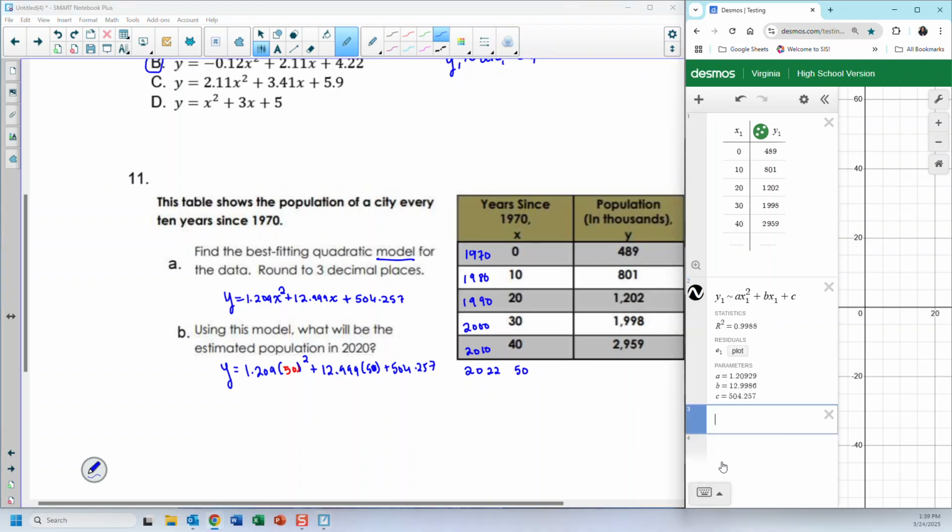You can calculate that in decimals. There you go. So in 2020, the population will be 4,170, still rounded up to 77.